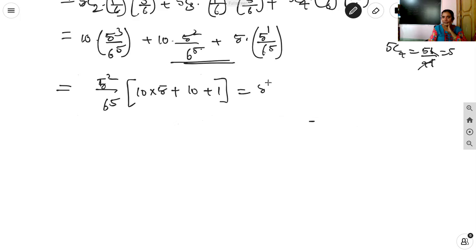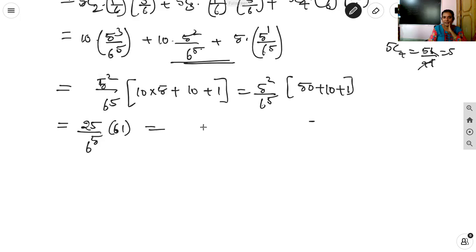It is equal to 5 square by 6 power 5 times (50 plus 10 plus 1), which is 61. 25 by 6 power 5 into 61. 25 ones are 25, 25 sixes are 150, 150 plus 2, 152 by 6 power 5. Or simply we can write it as 61 into 5 square by 6 power 5. It is also the answer.